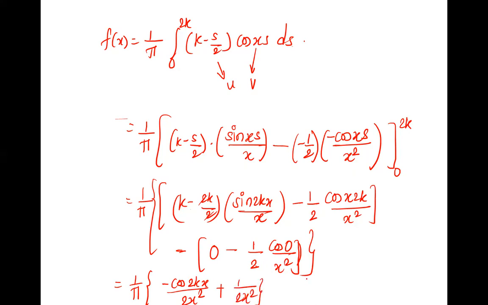So if you can see 1 upon 2x square, we can see it is common, so we'll take it out. 1 by pi is there, 1 upon 2x square comes out. Here is 1 minus cos 2kx is the answer.